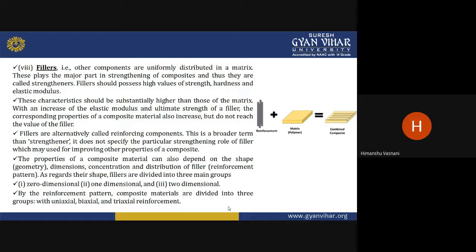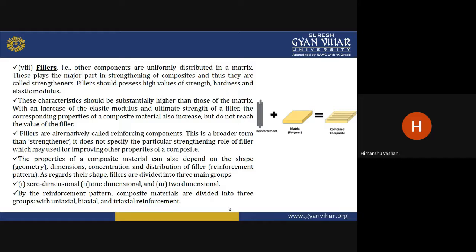The properties of a composite material may also depend on the shape, that is the geometry, dimension, concentration, and distribution of filler, that is the reinforcement pattern. As regards their shape, fillers are classified into three main groups: zero dimensional, one dimensional, and two dimensional.